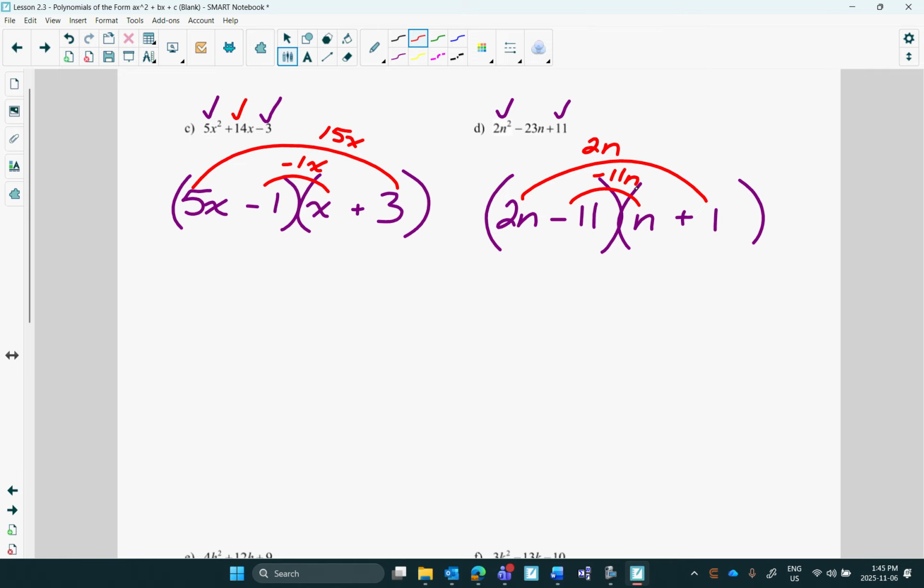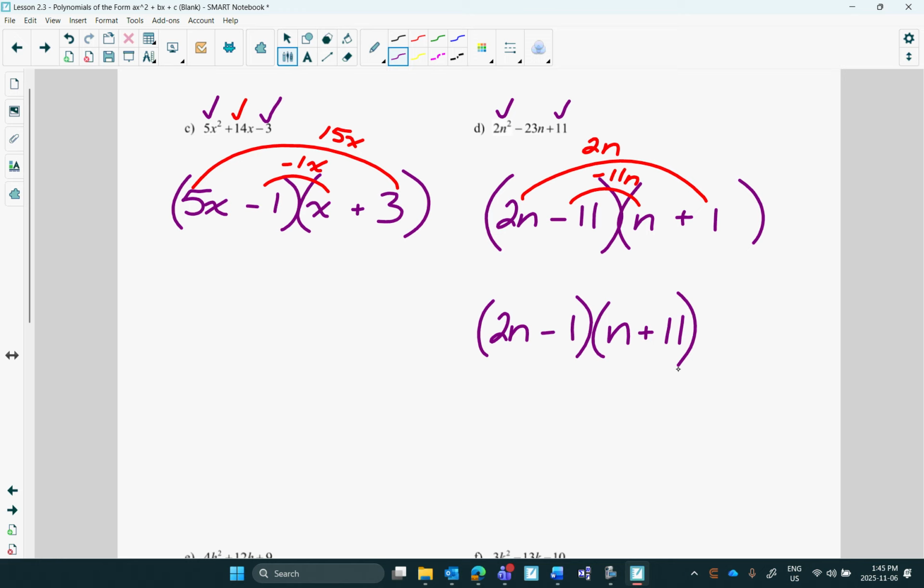So they make a different number. What do I need to do? Switch the signs or switch the numbers? Switch the numbers. So instead of 2n minus 11, put the 1 there. Instead of n plus 1, put the 11 there. And you will see it works.